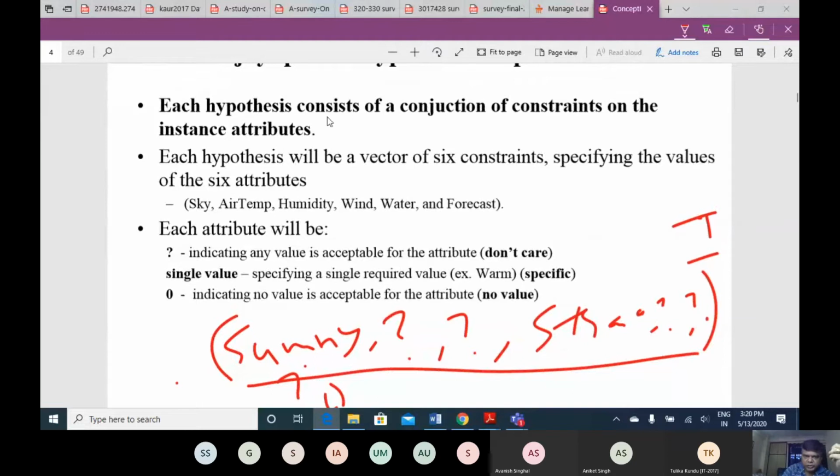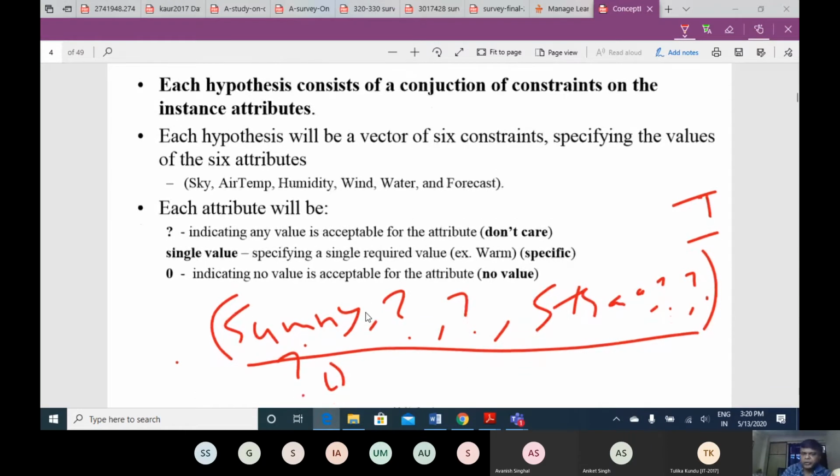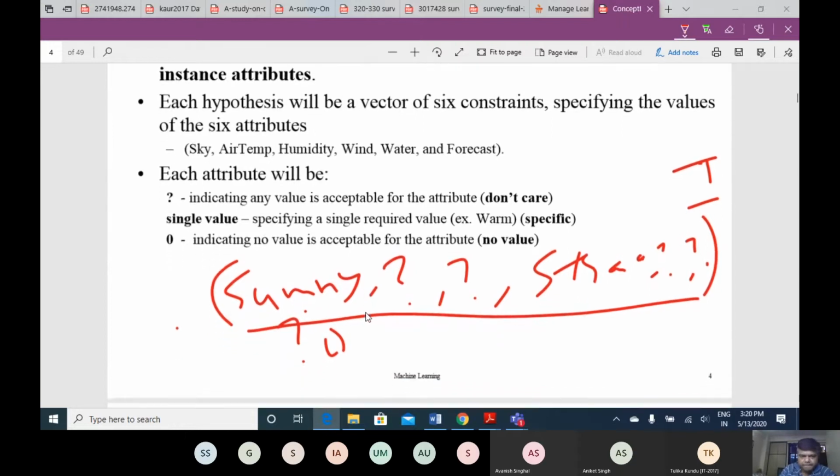Each hypothesis consists of a conjunction of constraints on the instance attributes. This can be used to define concepts. A single hypothesis or a combination of hypotheses can be used to define a particular concept.